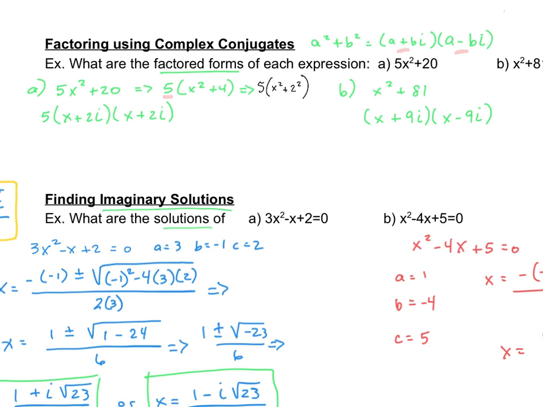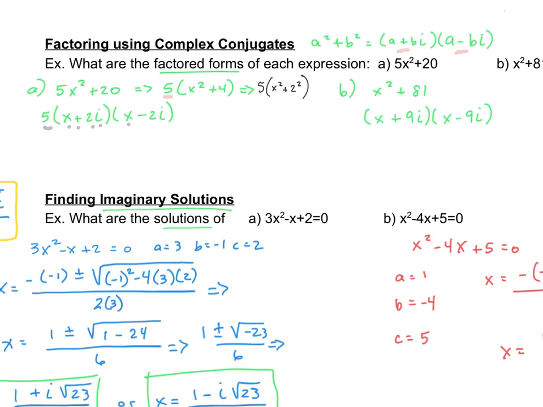So now we have our a squared plus b squared, and we can divvy it up: 5 times a plus bi, and a minus bi. So there you go. We have 5 times x plus 2i times x minus 2i.